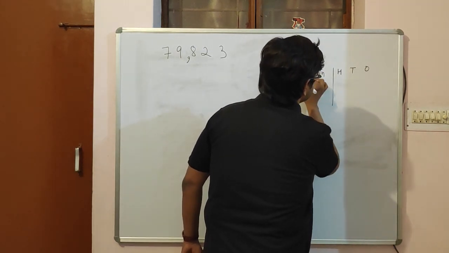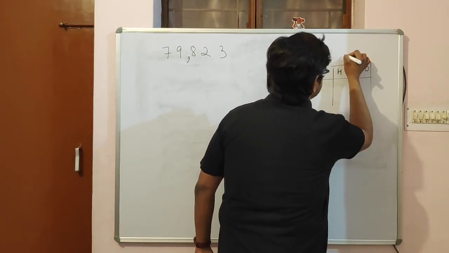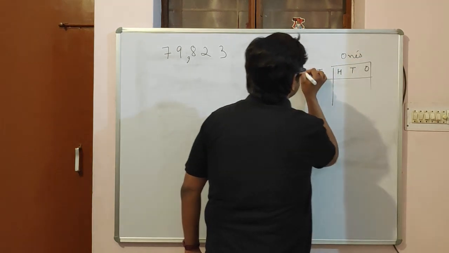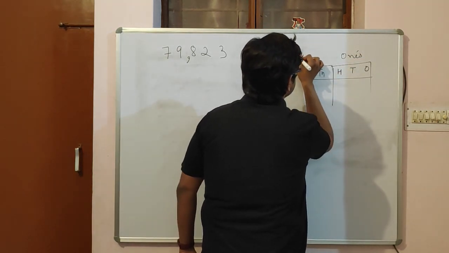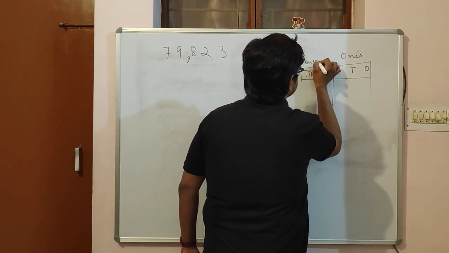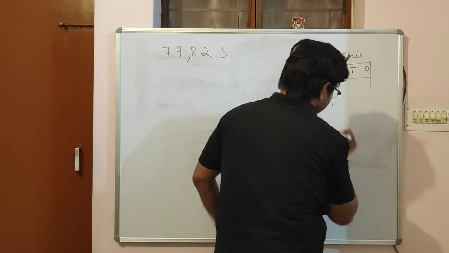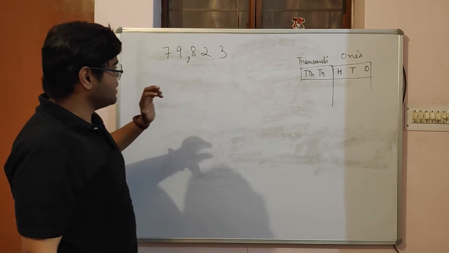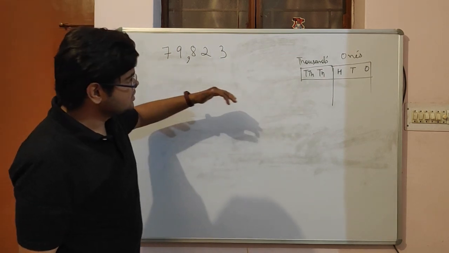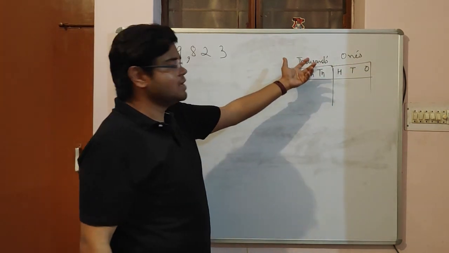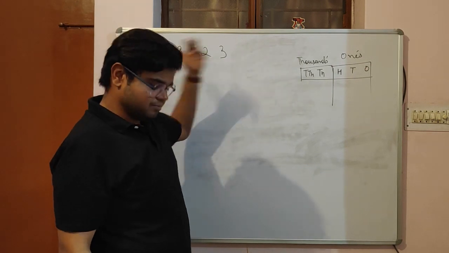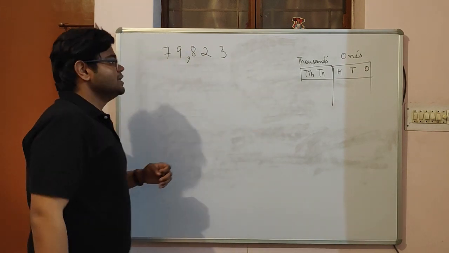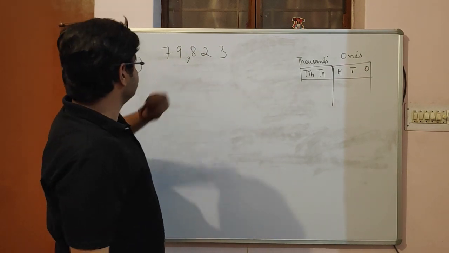So this is your ones period, and this is your thousands period. As we move on to numbers with more digits, we will expand this table, and we will have lakhs, ten lakhs, and we'll look into that later. But right now we need to focus here.